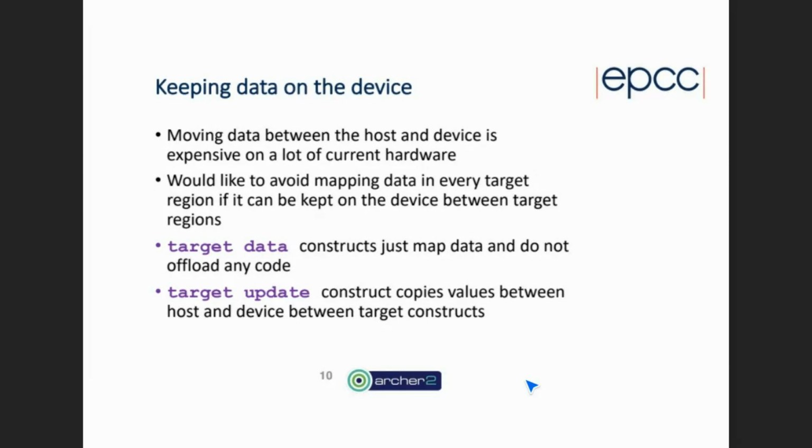So there are other constructs. There's the target data construct, which just maps the data and doesn't offload any code. And then there's target update, so that at any point you can do copies back and forth between the host and device without offloading any code.